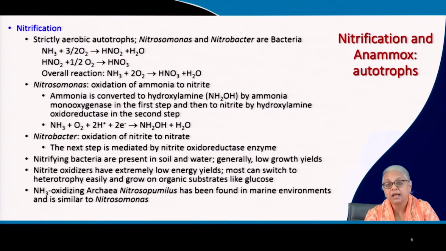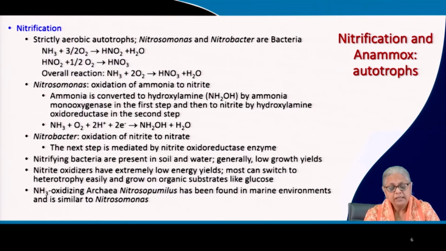They generally have very low growth yields, which is typical of autotrophic bacteria, because autotrophic bacteria do not rely on organic carbon. They are relying on CO2 as their carbon source. So generally their growth yields are very low. And because of that, their energy yields are low too, as I've shown you a correlation between energy and biomass. So that is typical.